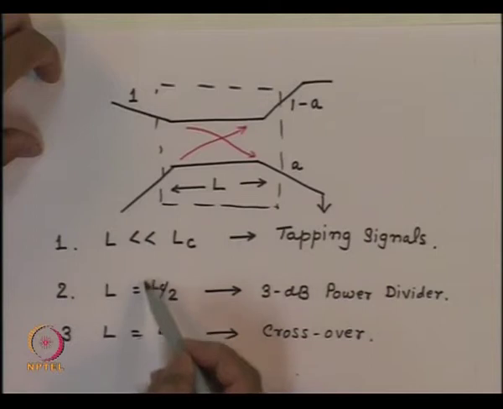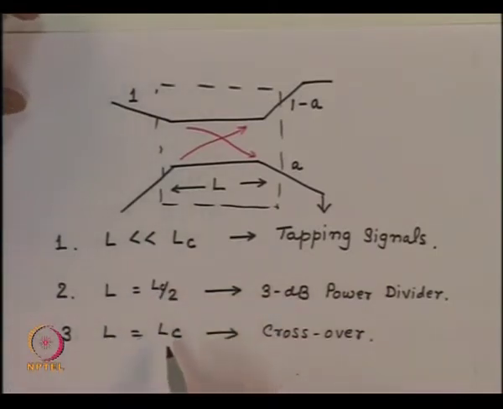If the refractive index changes, the coupling coefficient changes, the coupling length would change. So for a physical length given, if we apply the electric field to this, and if this device was made on an electro-optic material, then LC will change and consequently this relationship will change.